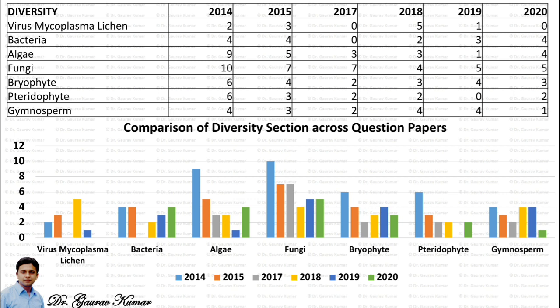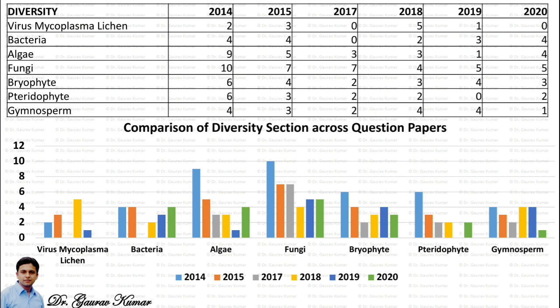They are more concentrated upon the reaction of bacteria towards antibiotics. If I am not wrong, they have asked this question 3 times in different years: which among gram positive and gram negative bacteria is resistant to antibiotics, what are the various wall structures in gram positive bacteria, or what is the difference between gram positive and gram negative bacteria. The questions are largely based on them.